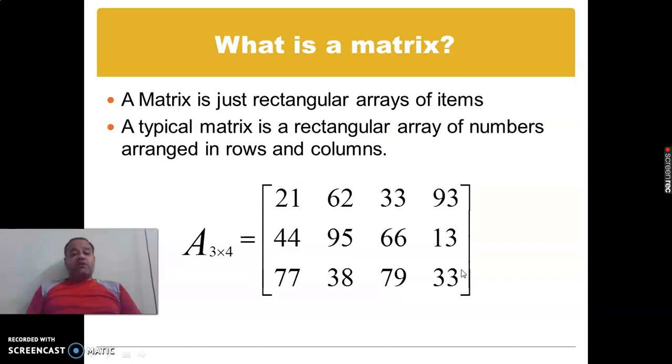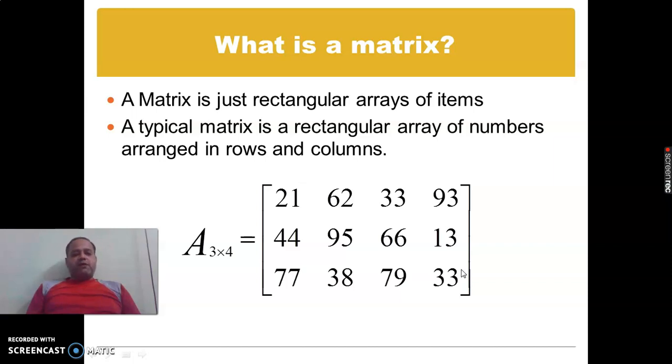So what is a matrix? A matrix is just a rectangular array of items. A typical matrix is a rectangular array of numbers arranged in rows and columns. So the basic thing is that when we arrange numbers in a rectangular form, that rectangular structure is known as the matrix.